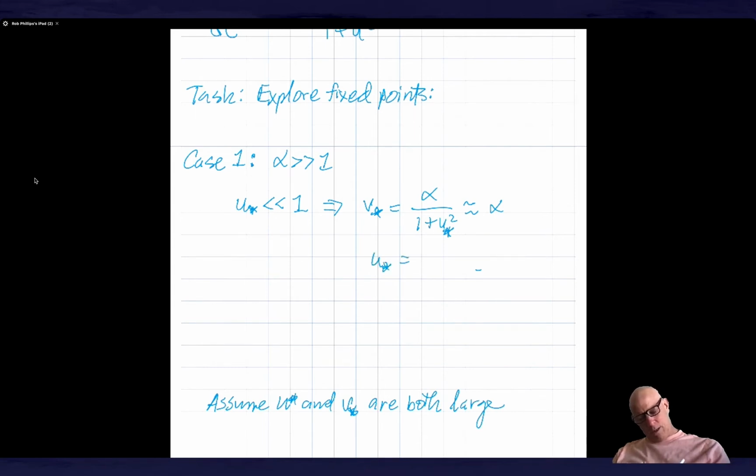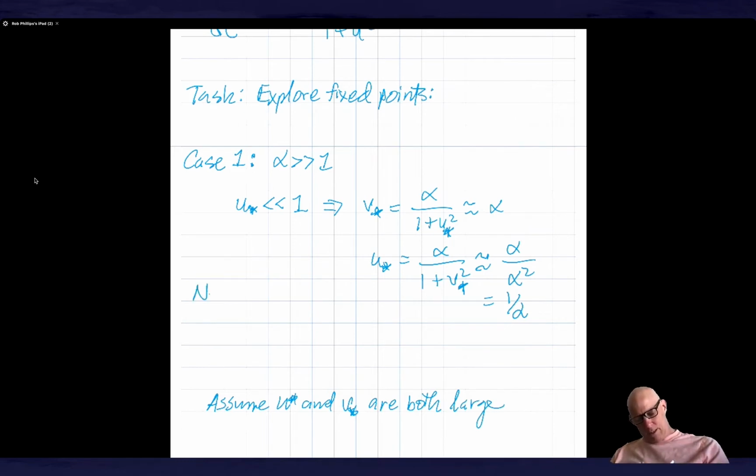U star is equal to alpha over 1 plus V star squared, which is approximately equal to alpha over alpha squared, which is 1 over alpha. Why is that? Because alpha is much larger than 1, and so 1 plus alpha squared is dominated by alpha squared alone. So here we found that V star is alpha, so V star is high, and U star is low, 1 over alpha. That's the first conclusion.